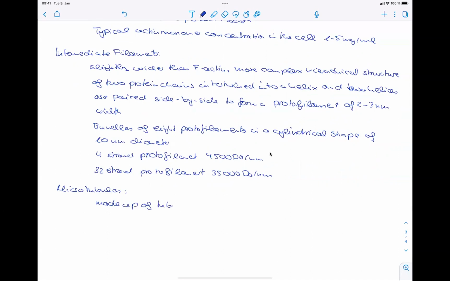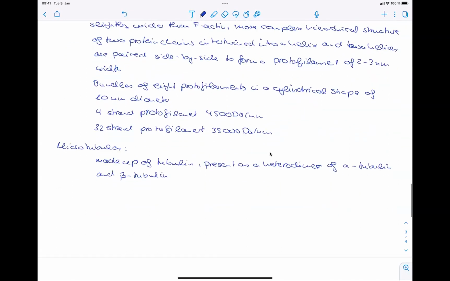tubulin as the monomeric unit, and of tubulins there's actually 2, so it's present as a so-called heterodimer. Hetero means a dimer consisting of 2 different subunits, and these subunits are called alpha tubulin and beta tubulin.